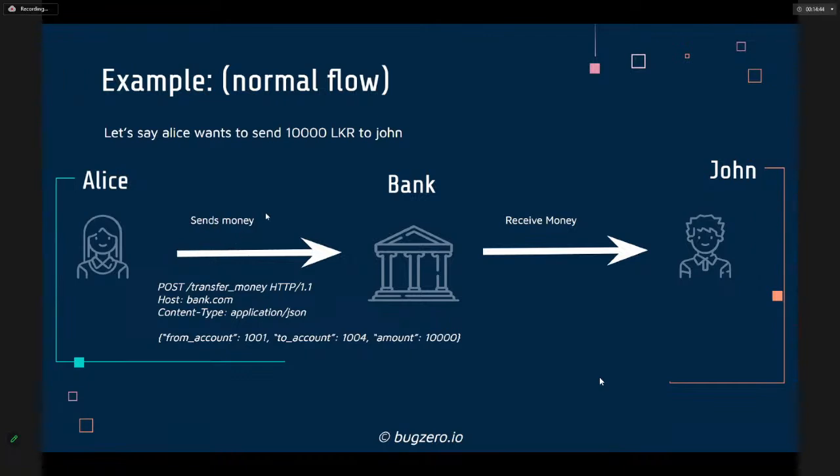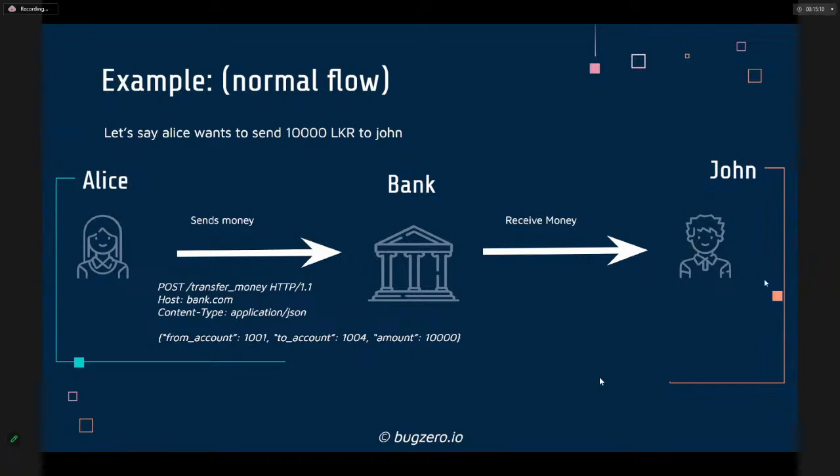This is the normal flow, right? Normally the sender makes a request to the bank backend, which consists of an endpoint called transfer money, and it has three parameters called from account, to account, and amount. If everything goes right, then John will receive the money.